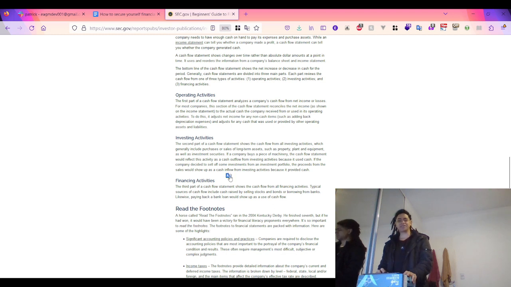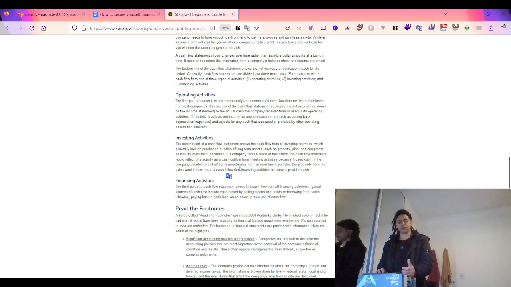So this activity involves primarily raising funds from vendors, raising funds from investors and creditors, as well as repaying debt and paying dividends to investors or repaying investors.